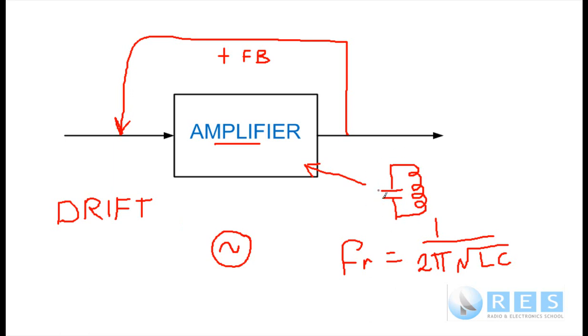That's the problem with these LC tuned circuits. Instead of using an LC tuned circuit, we can use a quartz crystal. The symbol for a quartz crystal looks like a capacitor, but it's not, because what it is is a piece of quartz between two plates. A quartz crystal is able to vibrate, literally vibrate or resonate, on any frequency we want, simply by changing the size of the quartz crystal.